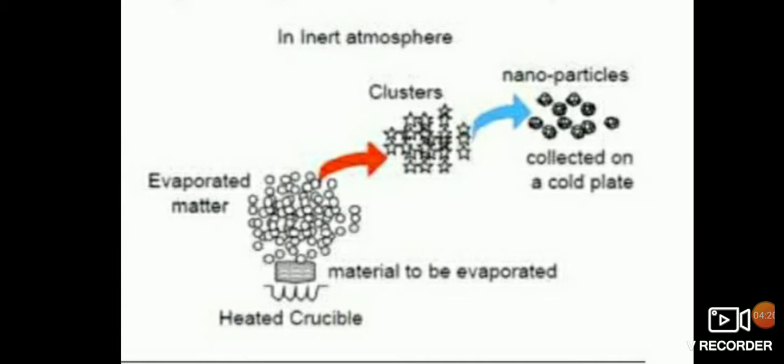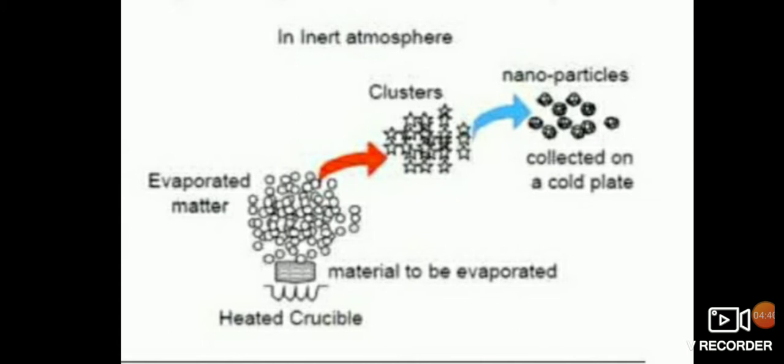There are three controlling parameters: the rate of evaporation, that is energy input; the rate of condensation, that is energy removal; and the rate of gas flow, that is cluster removal. All these three are very, very important parameters.